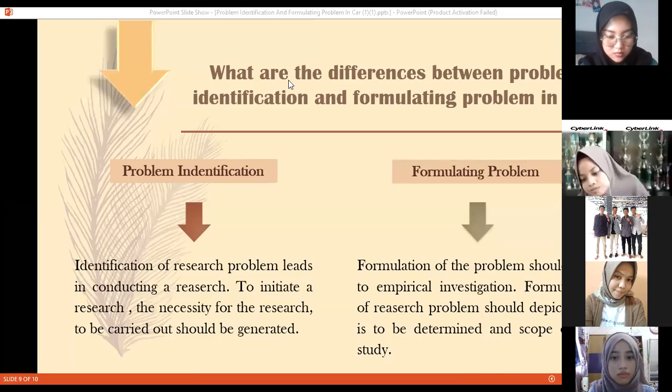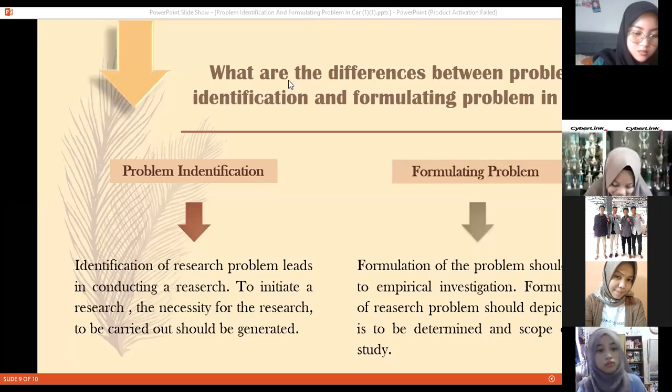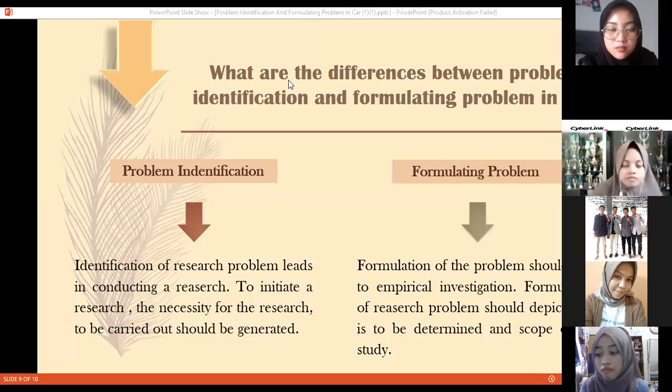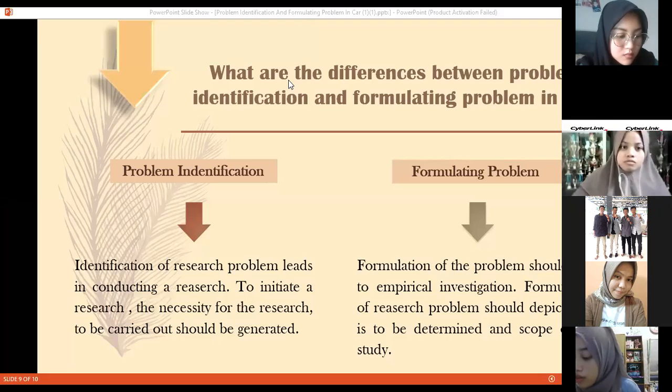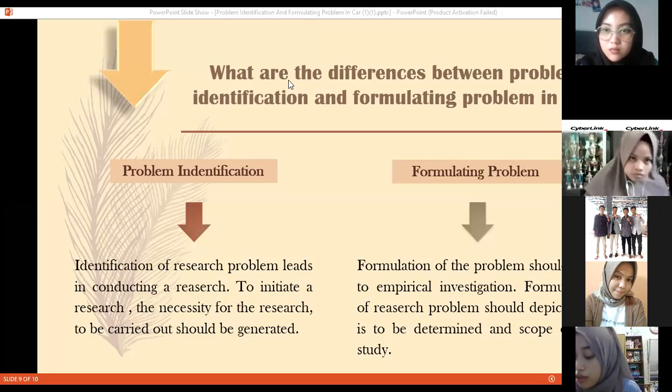What are problem identification and formulating problem in class? Problem identification is a research problem lead in conducting a research. To invite a research, the necessity of the research to be carried out should be generated. The ideas and topics are developed while consulting literature, discussion, and continuation of activities related to the subject matter.